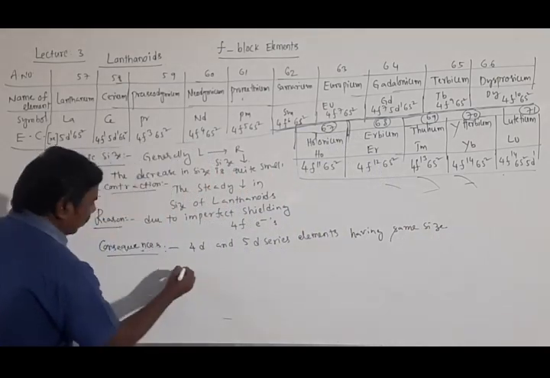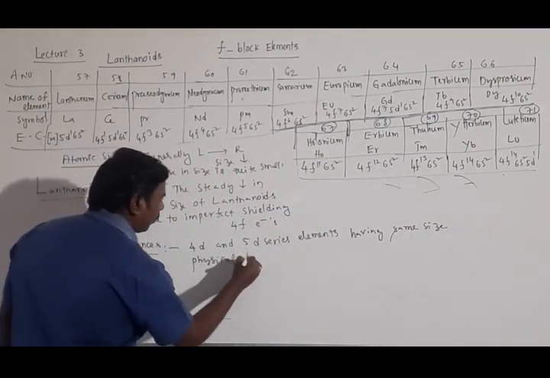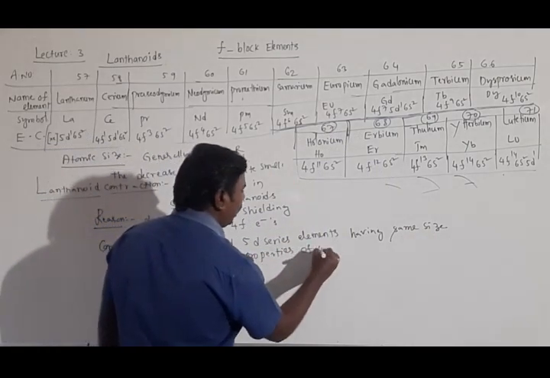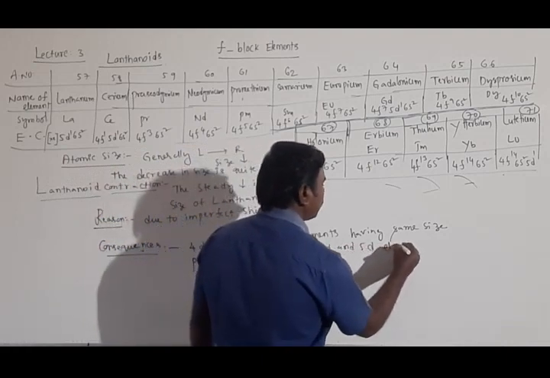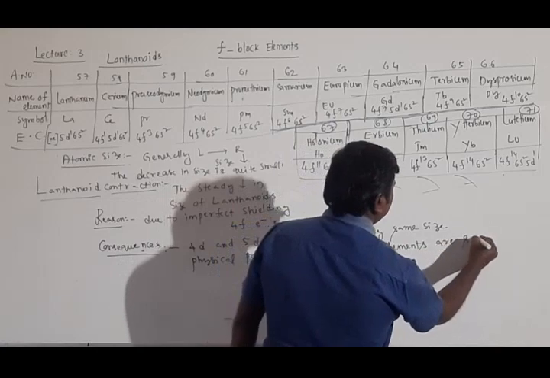If size is the same, obviously physical properties of 4d and 5d series elements are almost close or the same.